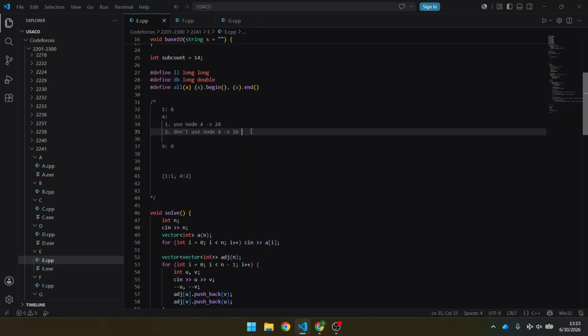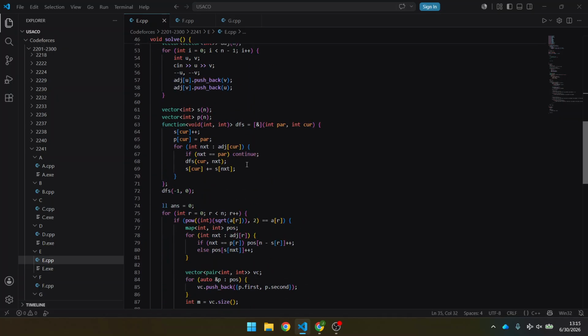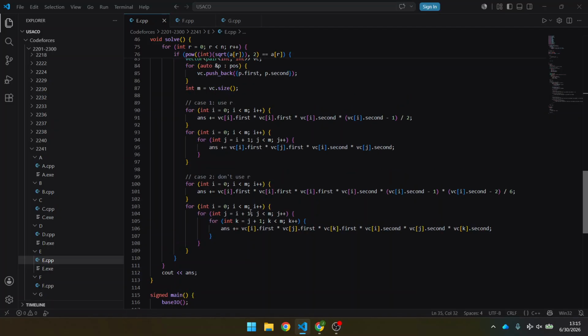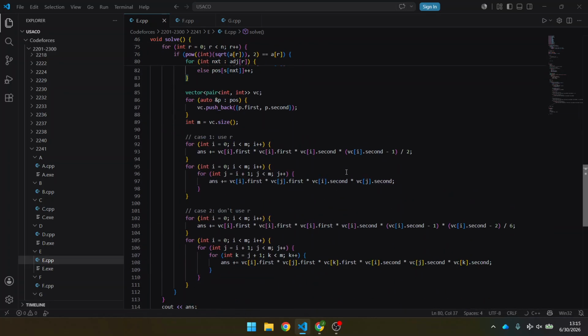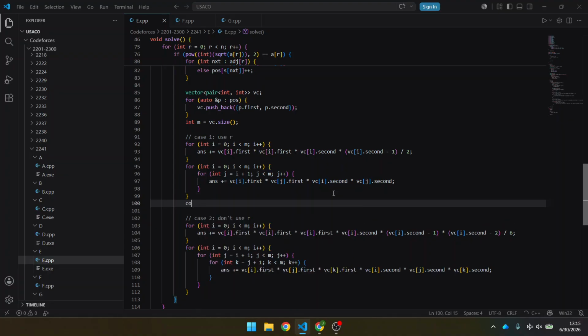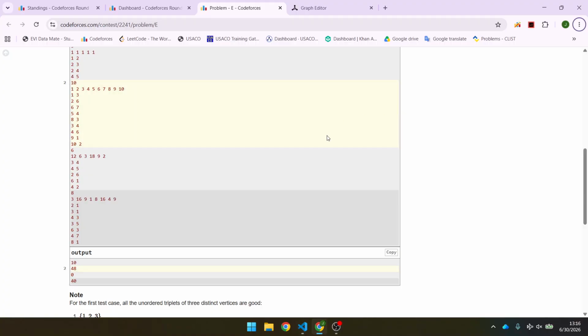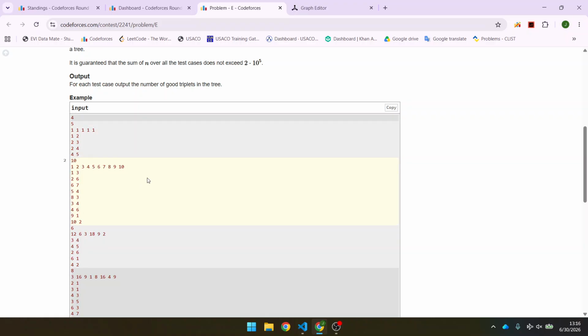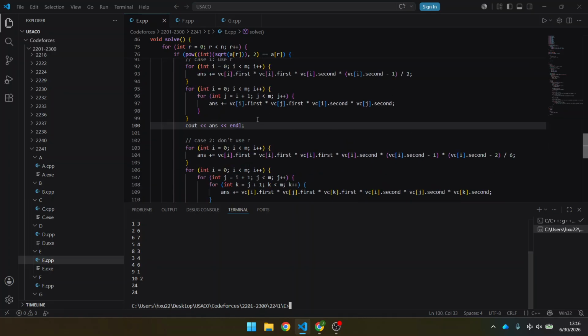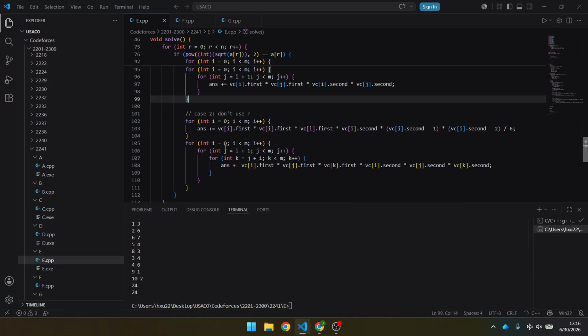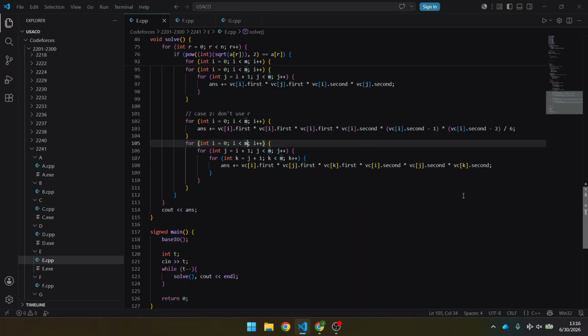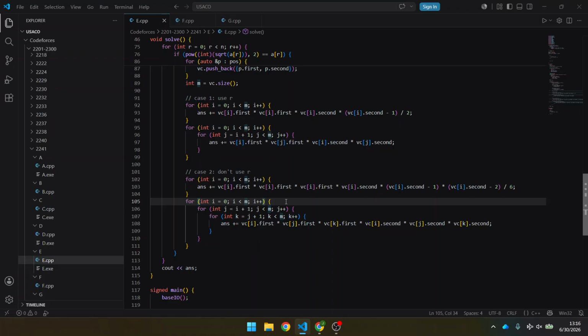It's supposed to give 24. 24 plus 16, right? Don't use node 4. 0, okay. 24. So we didn't count this for some reason. More than i, j, k. Oh, because these are triples.